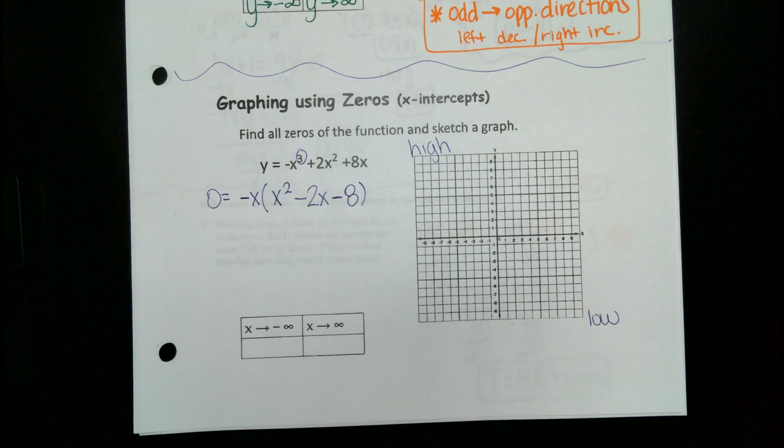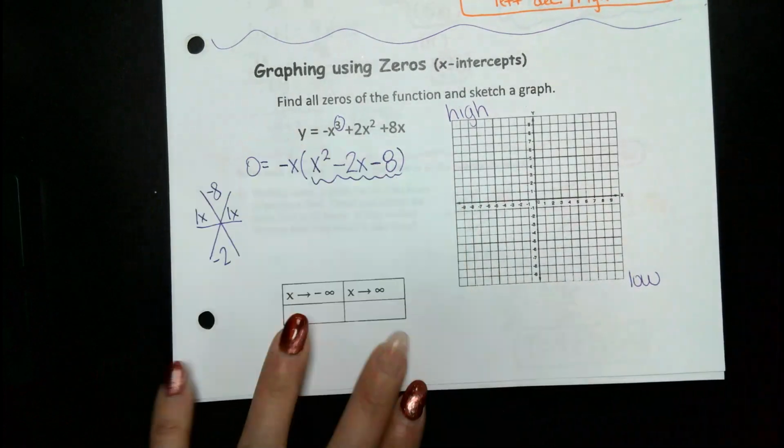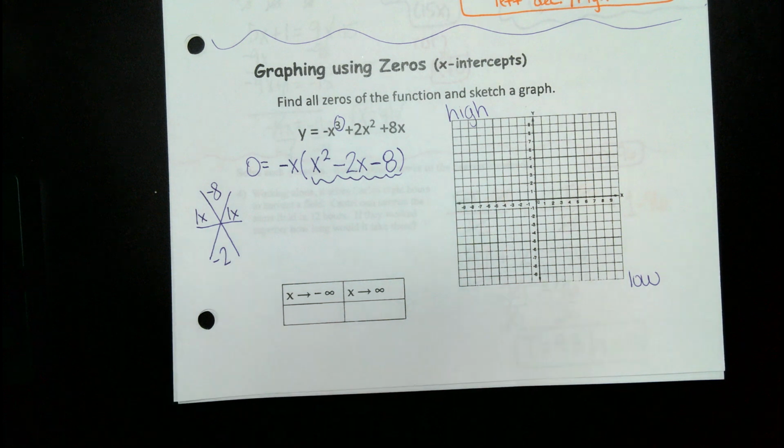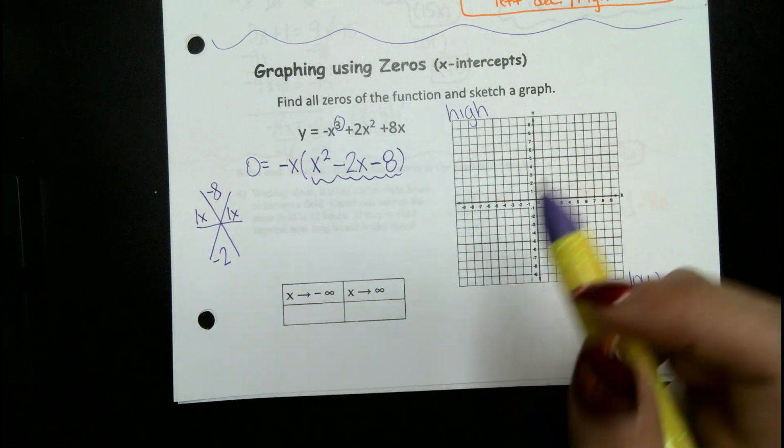Now you guys can do an asterisk for this. Numbers multiply to give us negative 8, the add to give you negative 2.